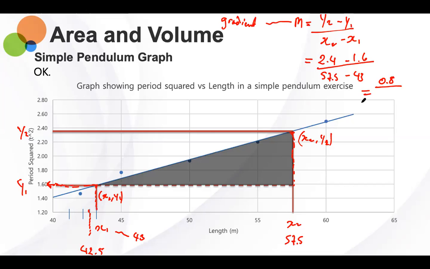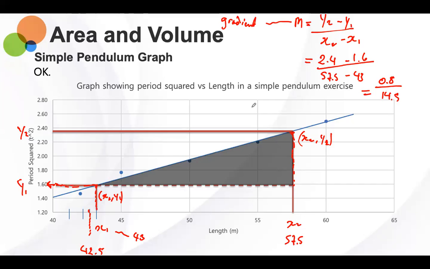Anybody get the answer to it? 14.5. All right, everyone gets 14.5, so let's put 14.5 here.